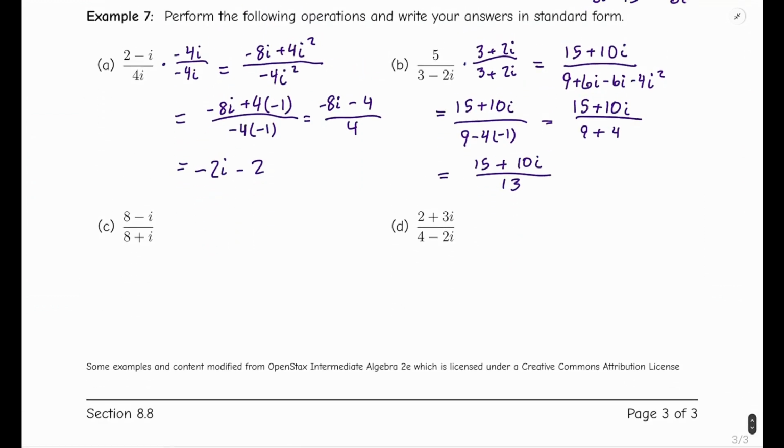Part C. The complex conjugate is 8 minus i. So we'll multiply the top by 8 minus i and the bottom by 8 minus i.